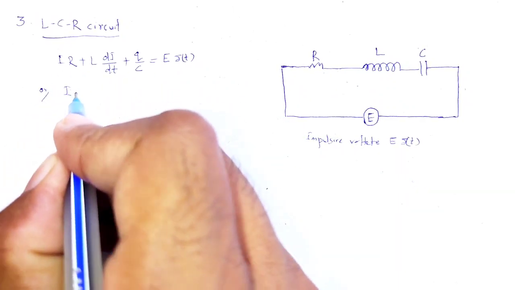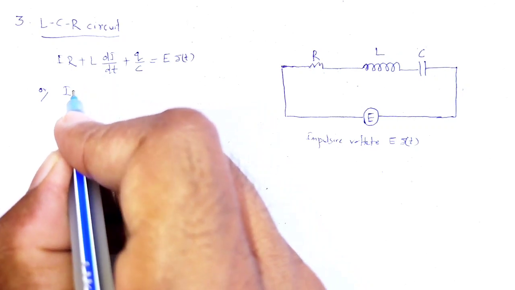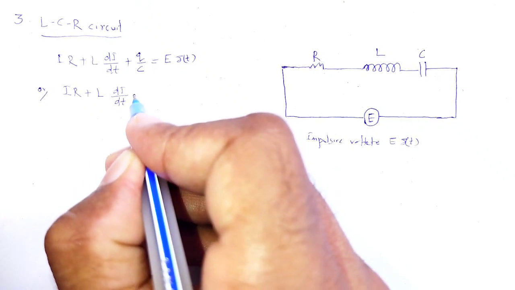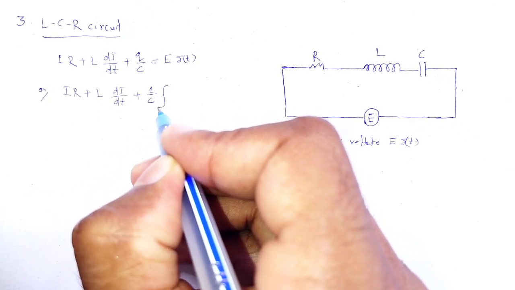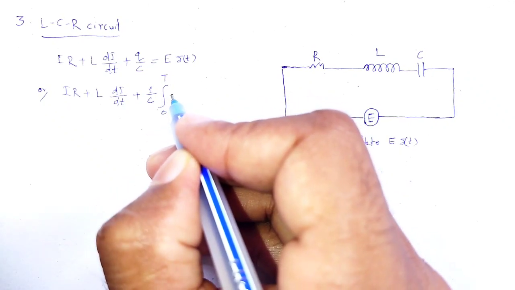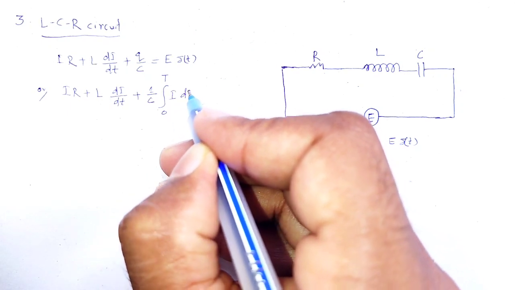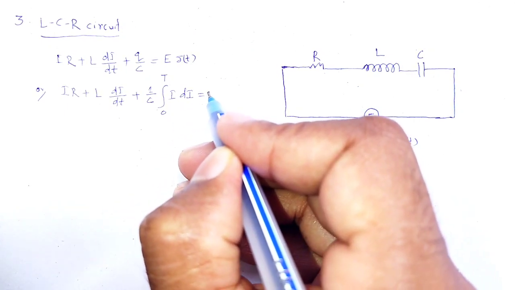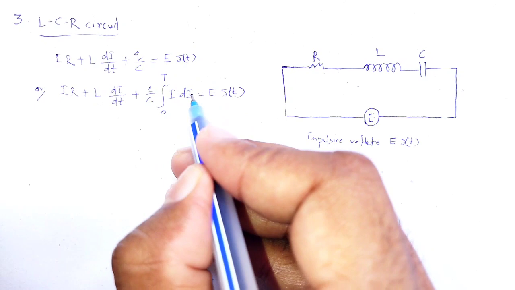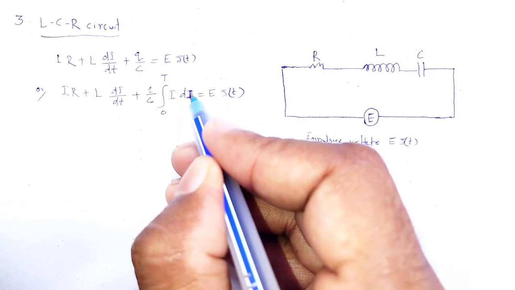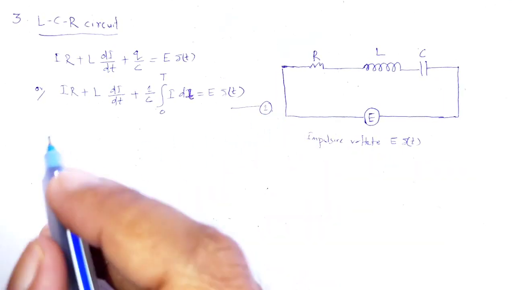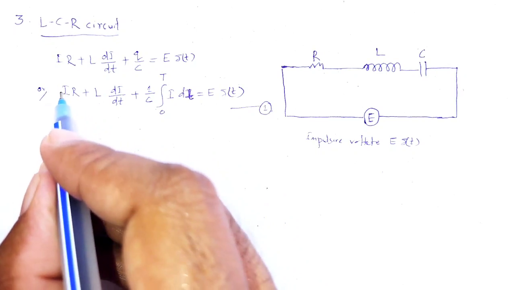Or I R plus L di by dt plus 1 by C integration from 0 to time t of I dt equals E delta t. I is a function of t. And this is equation number 1. Taking Laplace transform on both sides to evaluate the value of I.